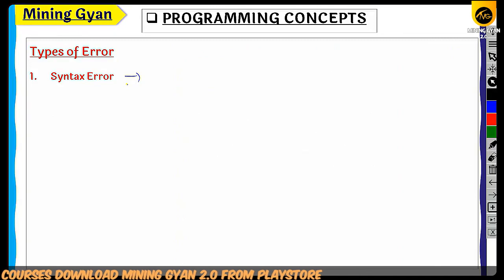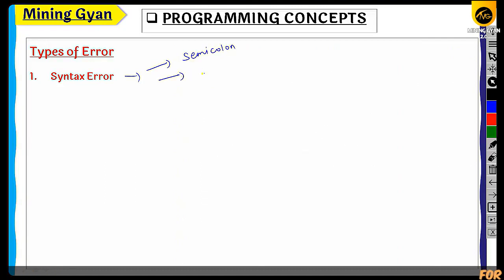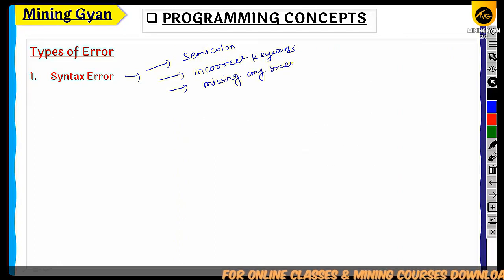If you use wrong brackets or miss a closing bracket, then it shows the syntax error. So syntax errors are like forgetting the semicolon, using incorrect keywords, or missing brackets.